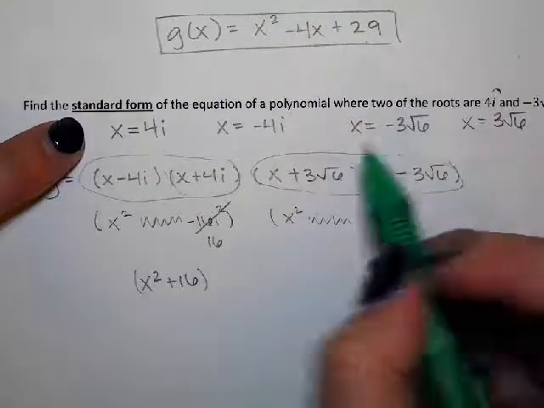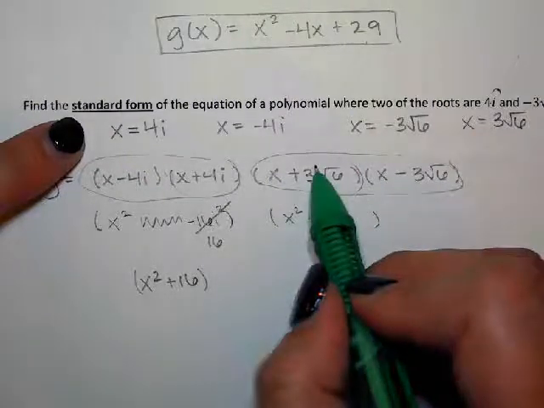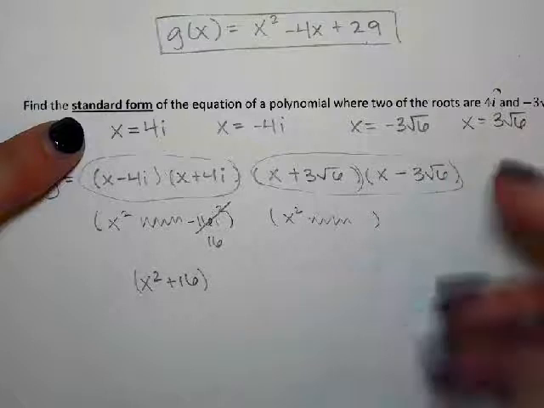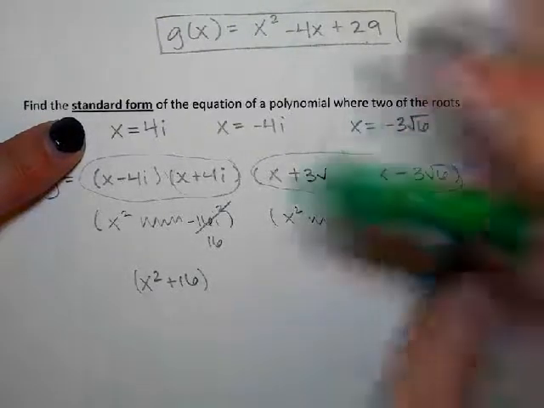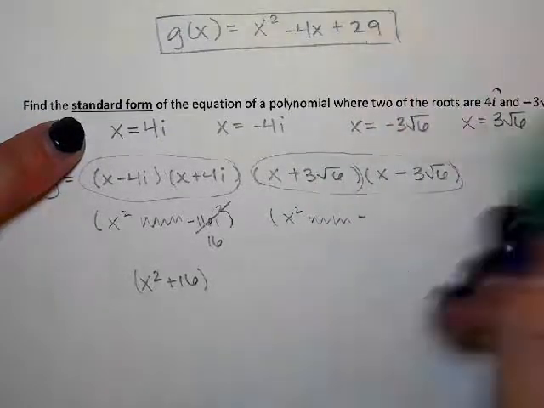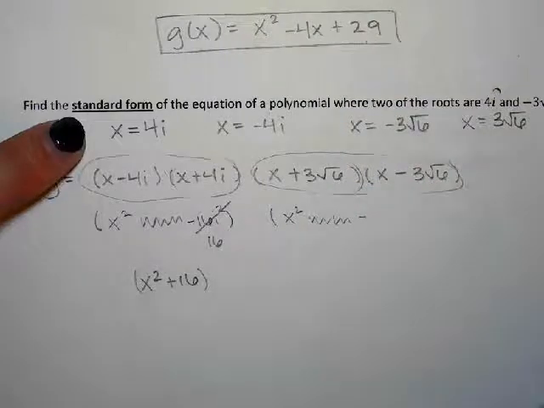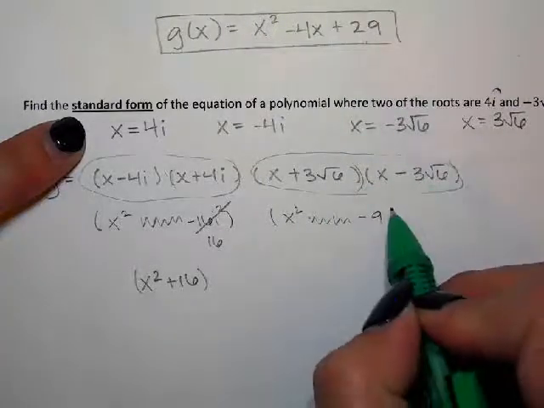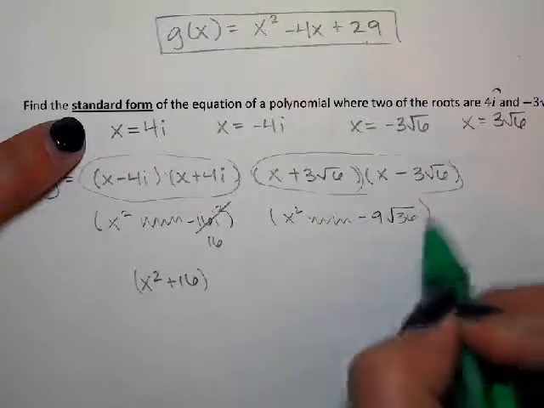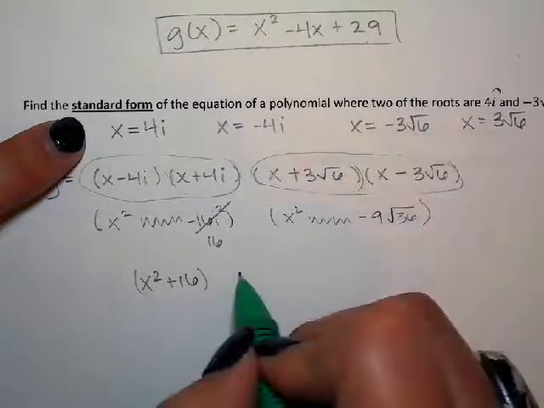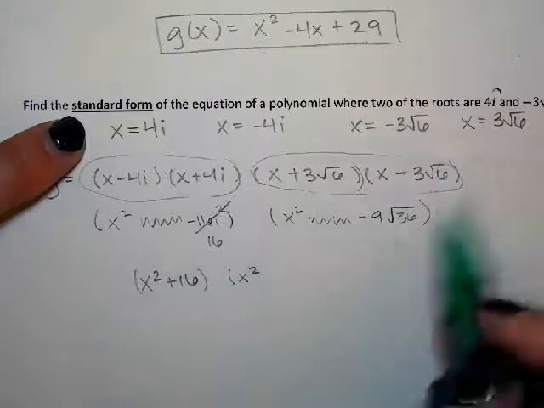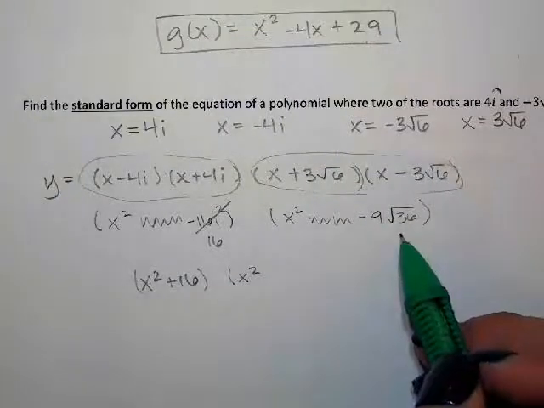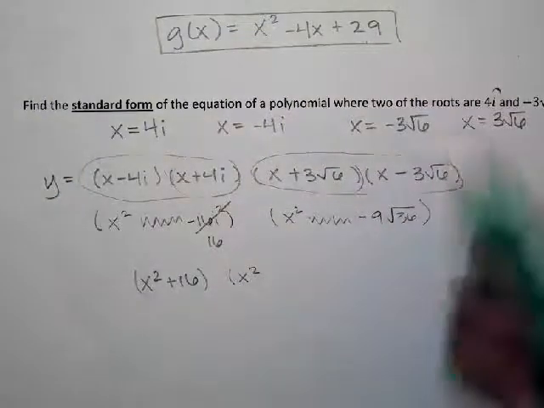What is root 6 times root 6? What's the square root of 36? 6. So we actually just have 9 times 6, 54. X squared minus 54. See, it wasn't as bad as it looked originally.